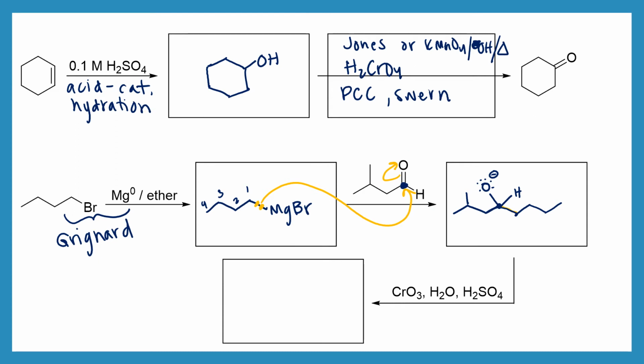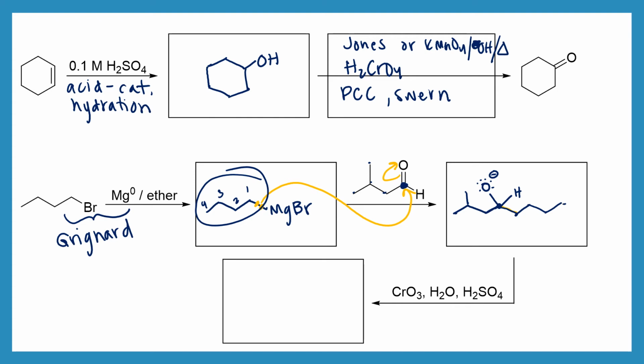So before I move on, I would just count, make sure I have the correct number of carbons. There are 4 in my Grignard, and there are 5 in my aldehyde. So there should be 9 in the product that I've drawn in this box. So 1, 2, 3, 4, 5, 6, 7, 8, 9.